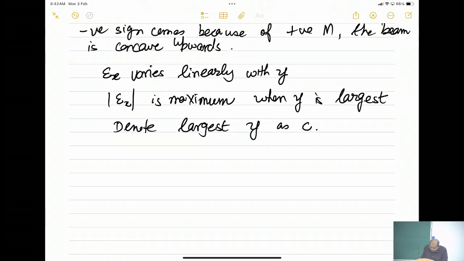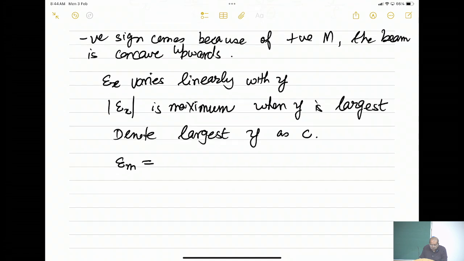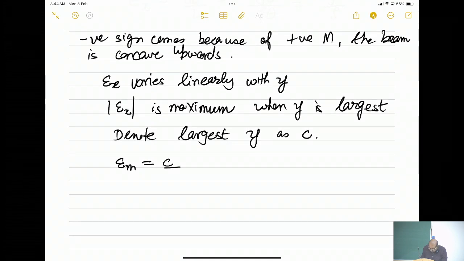So then the maximum strain will be equal to C upon rho, because epsilon is equal to Y upon rho.